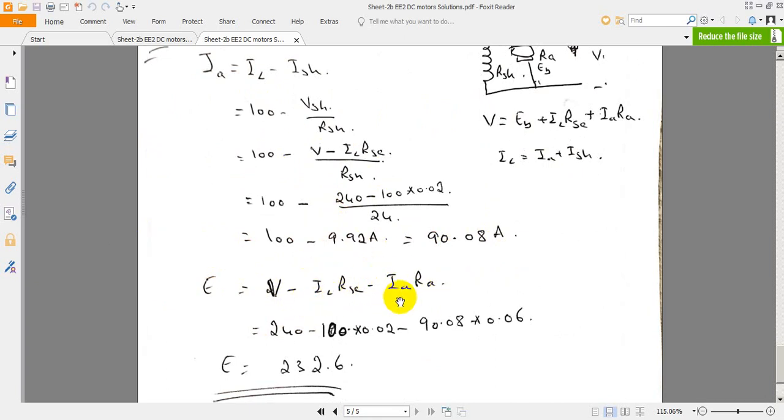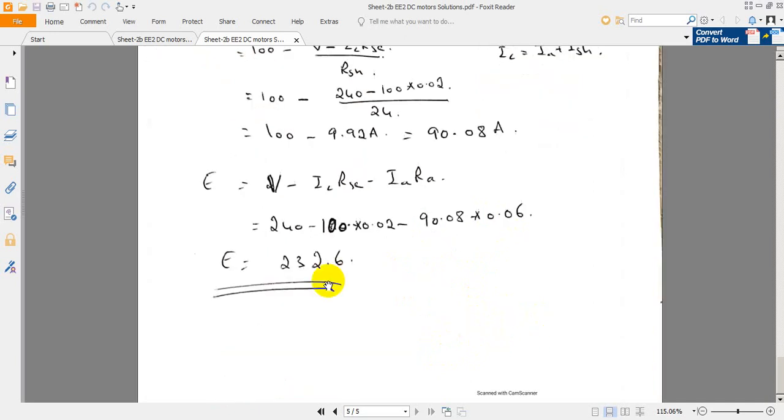Previously IL was equal to IA, but now there is some difference. IA we got as 90.08 and IL is 100 amperes. Substituting, V is 240, IL is 100, RSC is 0.02, IA is 90.08 and RA is 0.06. You will get 232.6.